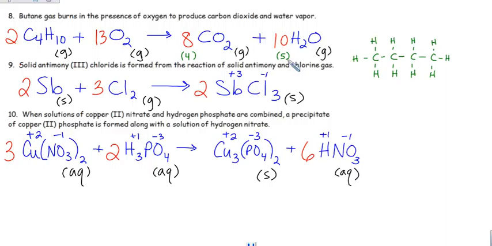So when in doubt, try doubling the oddball. And that worked. Instead of 5, I made it 10, which then meant I had to rebalance a few things. That gave me 20 hydrogen, so I had to put the 2 out in front of the butane. That gave me 8 carbon.